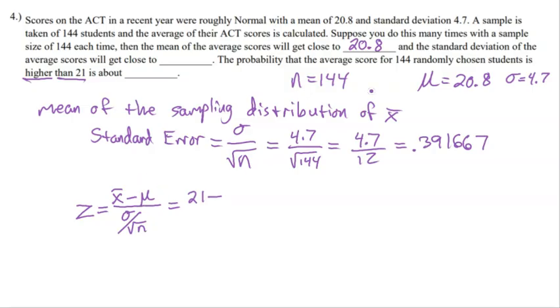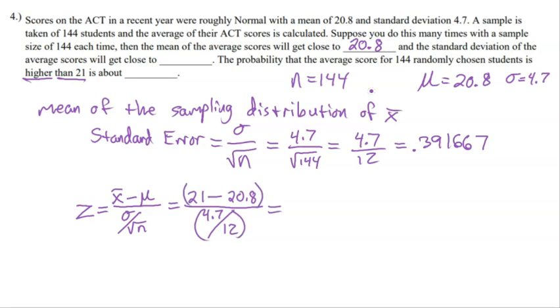Minus mu, which is 20.8, divided by, now we could just put in 0.391667, but I'm actually going to go ahead and put the whole thing in. I'm going to put in 4.7 divided by the square root of 144. But I want to remind you that the square root of 144 is 12. Okay?